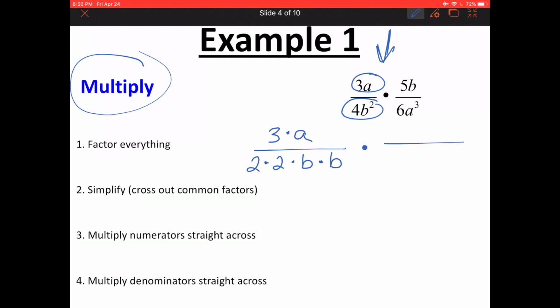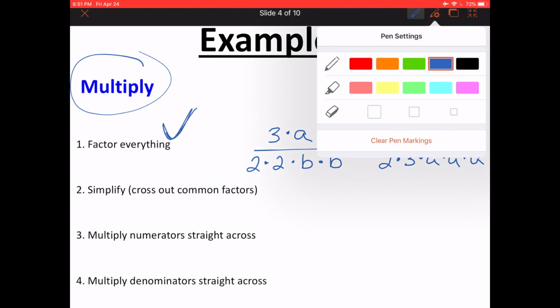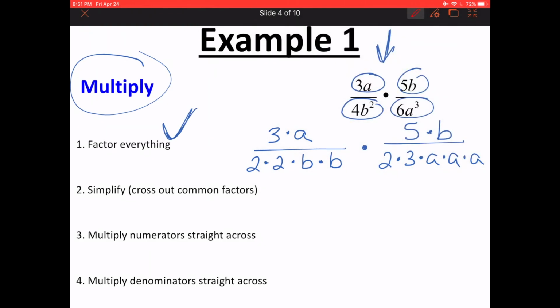For my second fraction, 5b, again, is as simple as it goes, but 6a cubed can become 2 times 3 times a times a times a. All right, so we have done step 1, factoring everything, which in this case is really just breaking it down, right? There's no working backwards, no GCF to do.